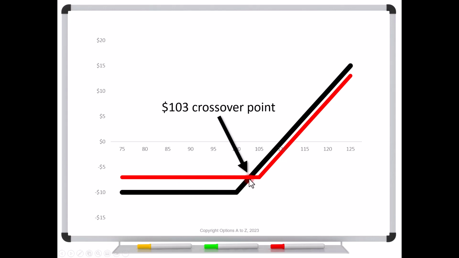But if we look to the right of the crossover point, now the black line sits above the red. Now the $100 call trader is outperforming the 105 call trader. We can also see that the $100 call trader breaks even sooner. So these are all benefits of the $100 call. Also, if the $100 call buyer exercises the call, he's only going to pay $100 per share.